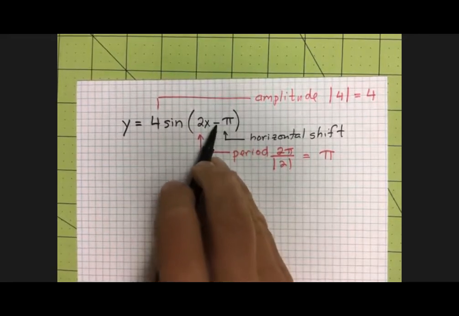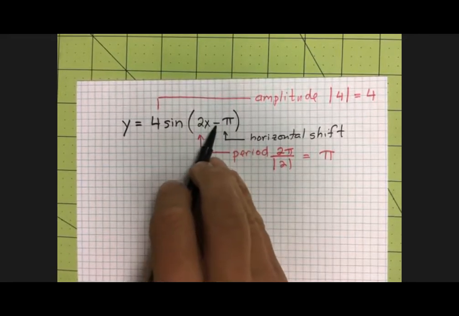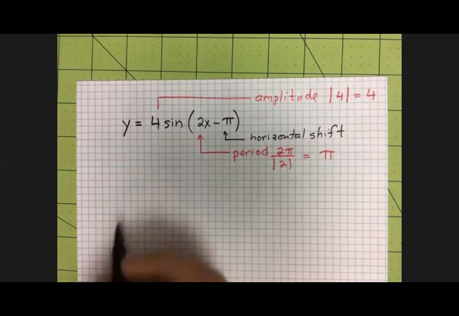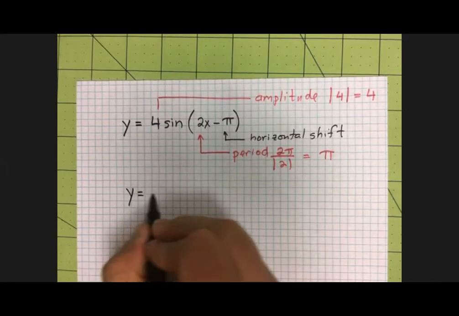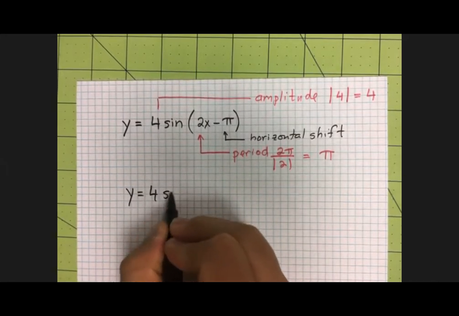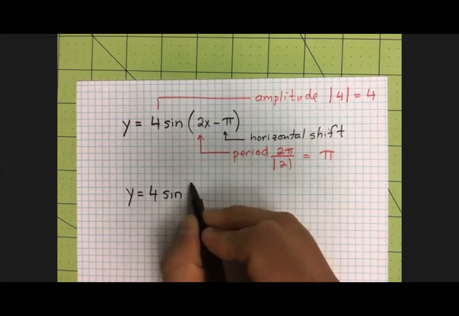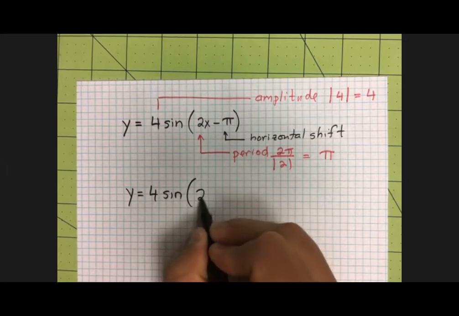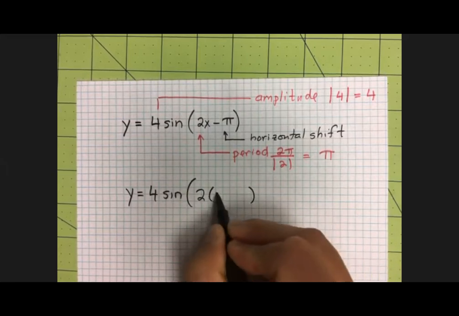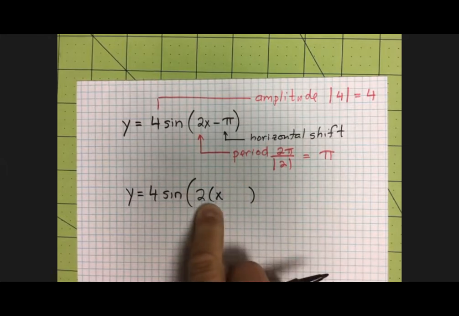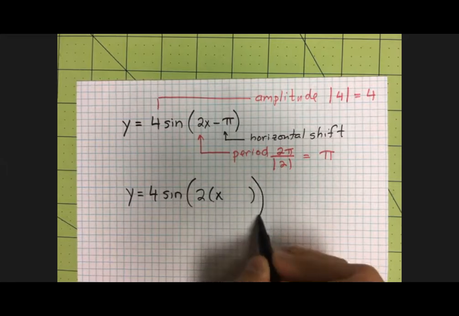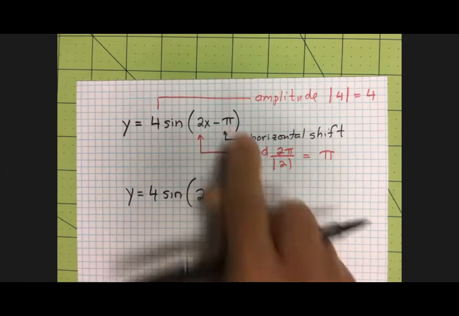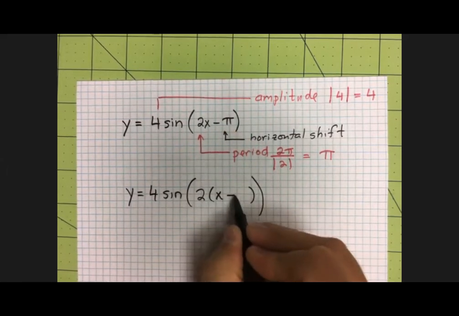Don't say you're subtracting pi from x. You're subtracting pi from 2x. Let's rewrite this so that I see what I'm subtracting from x. If I factor out that 2, what number do I put here so that it's equal to minus pi? I have to put minus pi over 2.